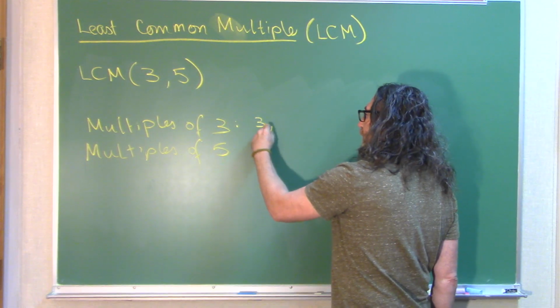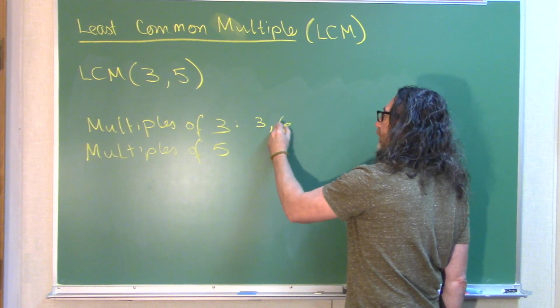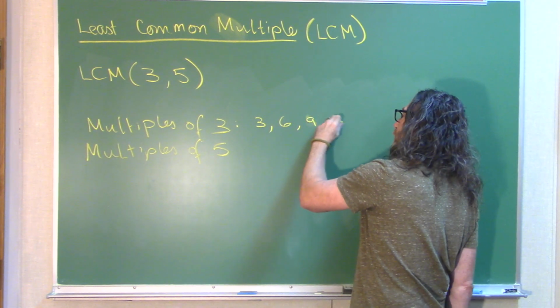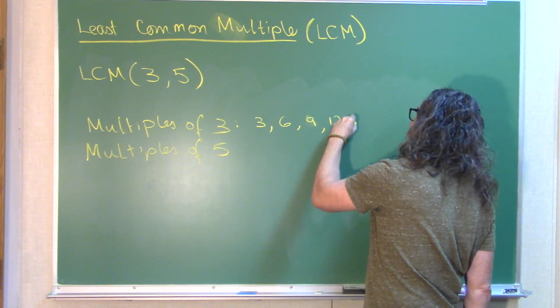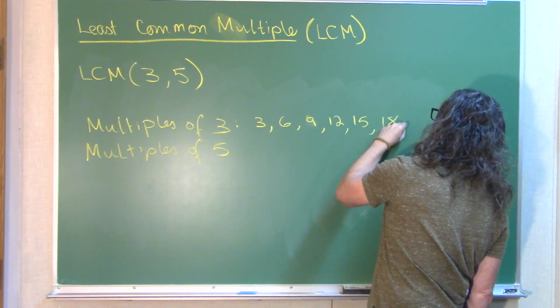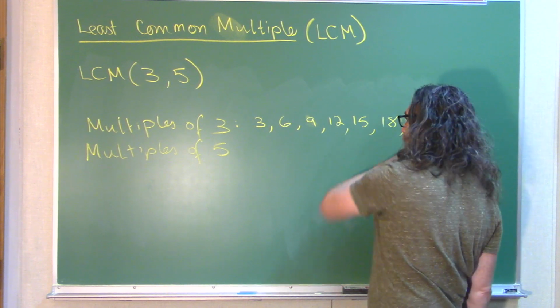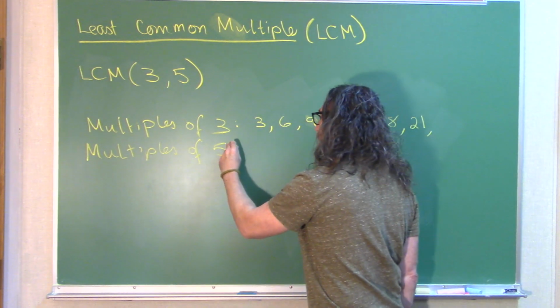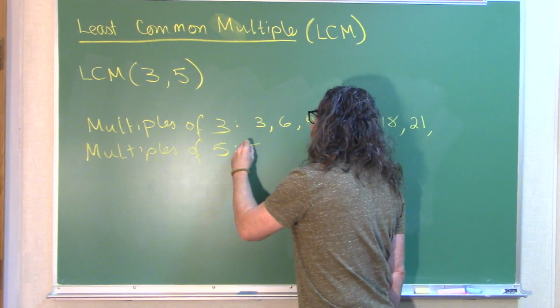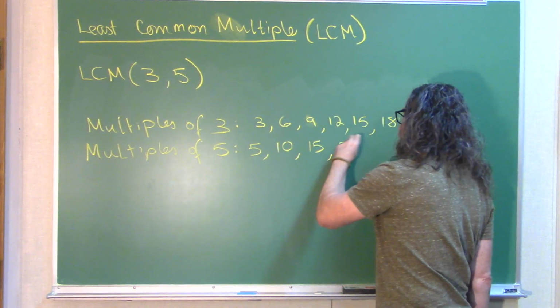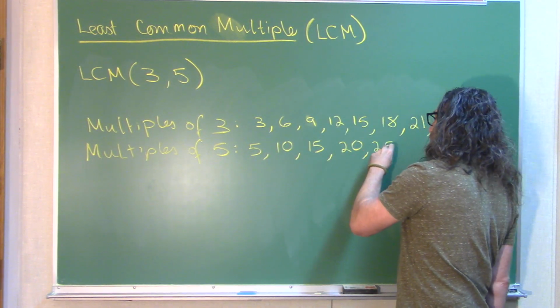Multiples of 3 are like such: 3, 6, 9, 12, 15, 18, 21, 24. We could keep on going. Multiples of 5: 5, 10, 15, 20, 25.